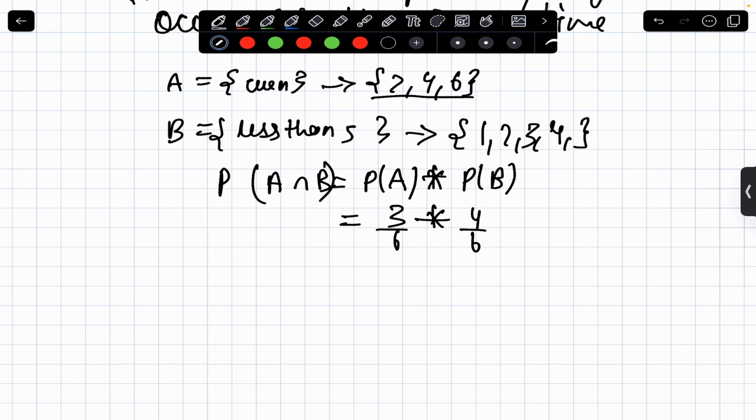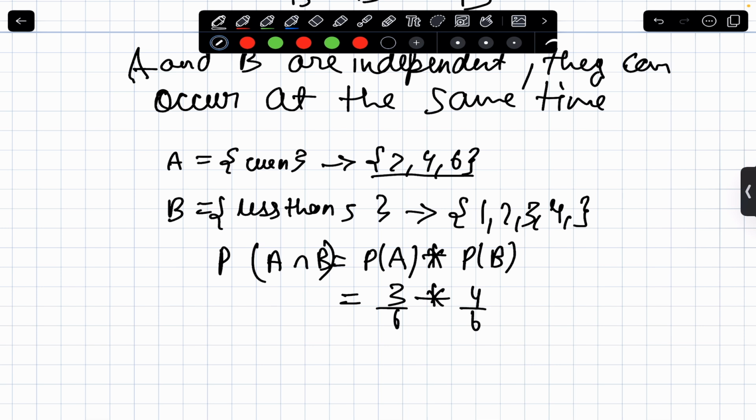Did you get this? If the events are independent, they can occur at the same time, or they can even intersect. But if the events are mutually exclusive, then there is nothing to intersect, because there is nothing common between them. How can we get the intersection of that?